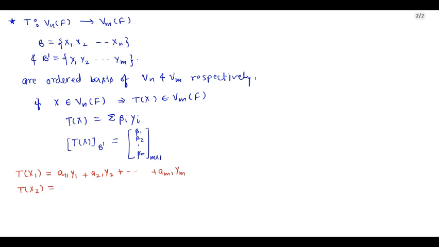Similarly, for x2 we have a12 y1 plus a22 y2 and so on up to am2 ym. Similarly, T of xn equals a1n y1 plus a2n y2 and so on up to amn ym, right?